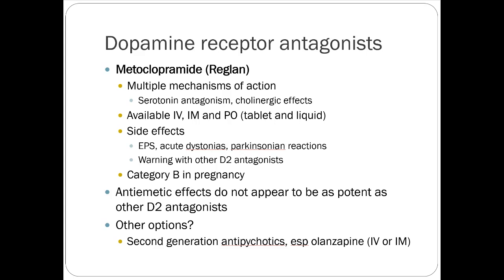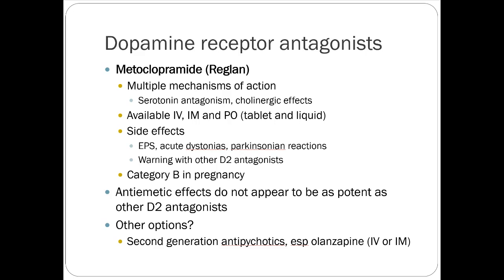So category C in pregnancy is sort of we don't really have a recommendation. But this drug's category B, which means there's probably some good animal studies that show that it's not harmful for fetal development. And diphenhydramine is also category B. So those are your two more or less go-tos, and another drug we haven't gotten to yet.